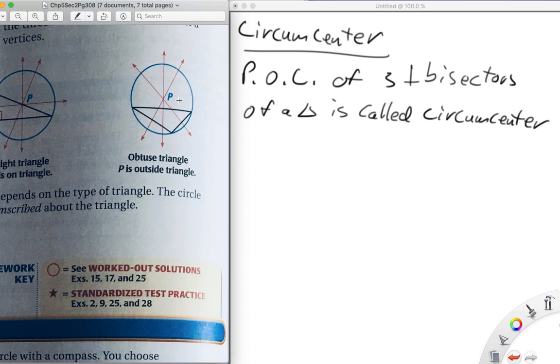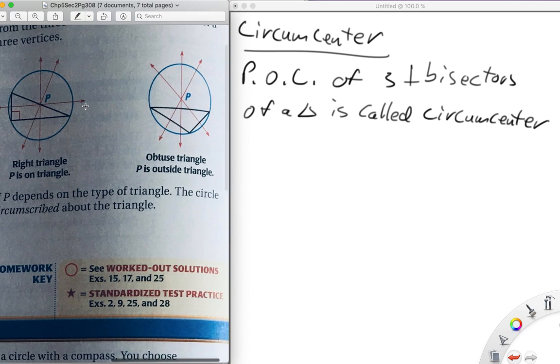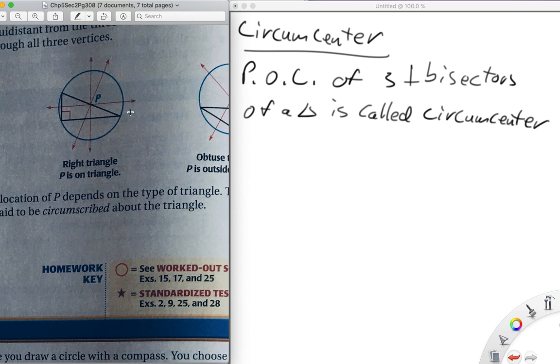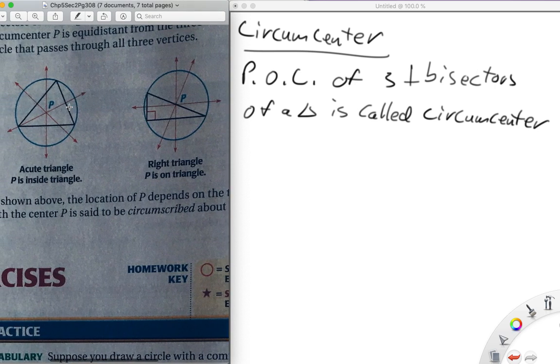All right. So the circumcenter, or point of concurrency of the perpendicular bisectors, is on the outside of an obtuse triangle. It lies on the hypotenuse of a right triangle, and it is inside of the triangle in an acute triangle.